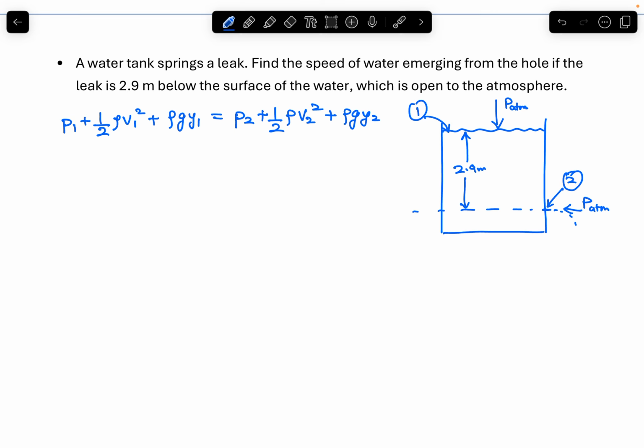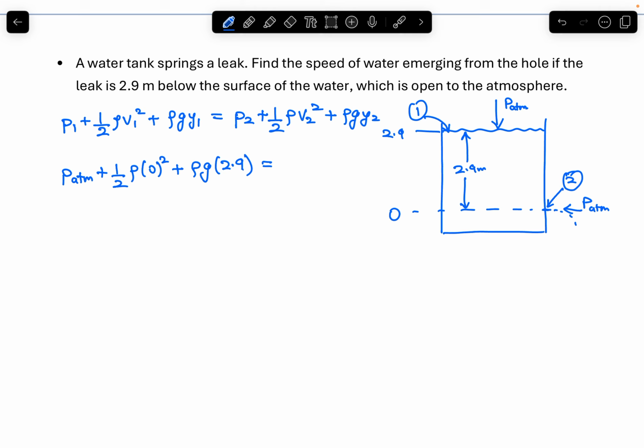Alright, so looking at P1, the amount of pressure at the surface of the water is P atmosphere. The velocity at that point is 0, and considering this as my 0 point, the height here is 2.9. So rho g 2.9.